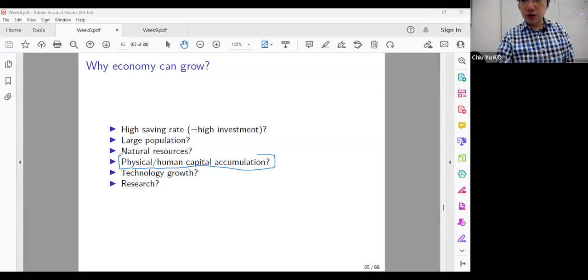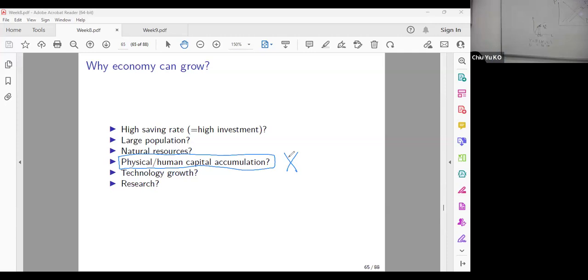The Solow model simply means this: no. The Solow model basically says that accumulation of capital or labor does not imply more growth. That is the central conclusion of that paper.